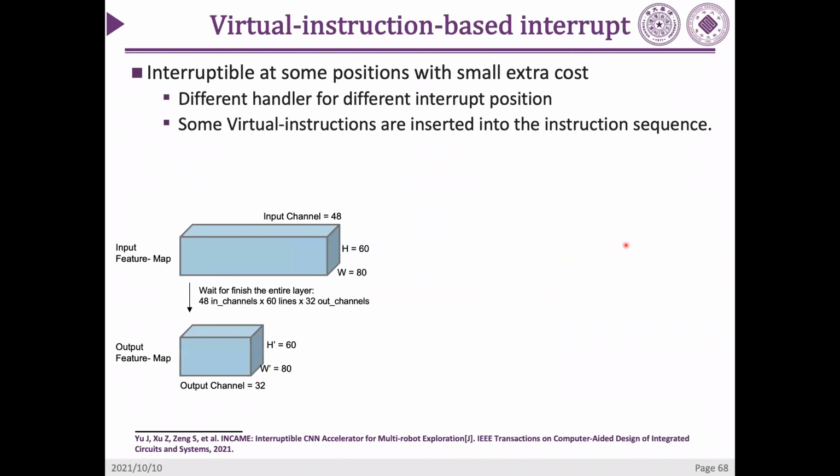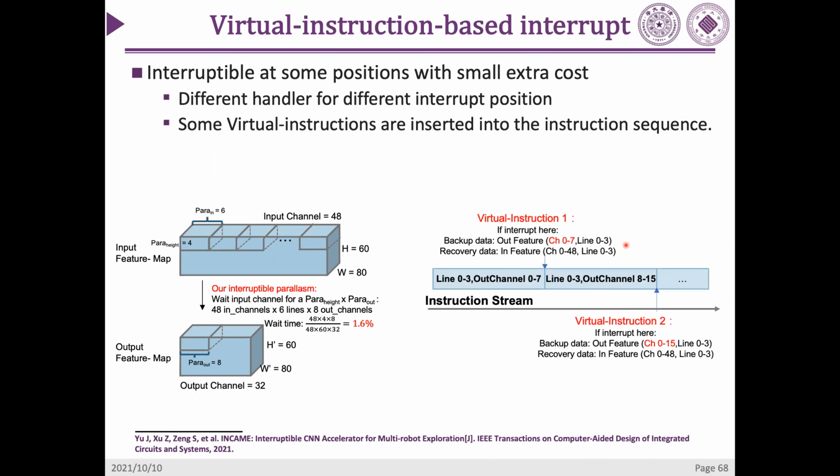So what we are trying to do is find a better place to interrupt, with some extra cost, so you don't need to wait until the whole layer is calculated.